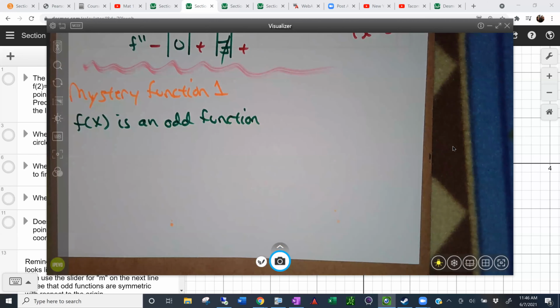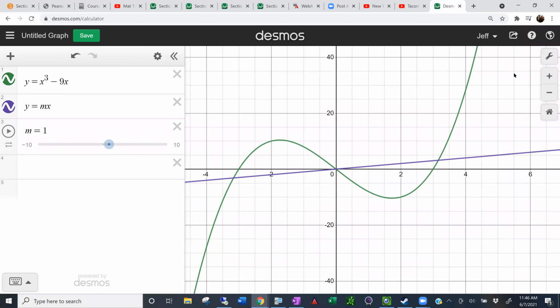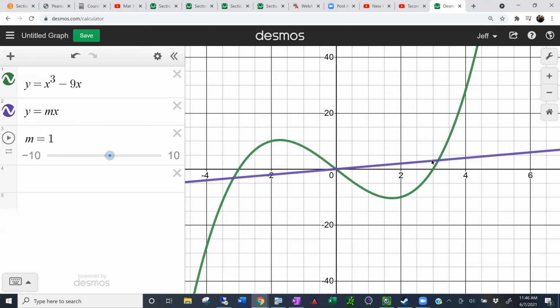Let me remind you what an odd function means. An odd function means that you've got what's called origin symmetry. So it's not really easy to see. I mean, an even function is wonderful because it's just symmetric with respect to the y-axis. An odd function means that when you draw a line through the origin, it's going to intersect the graph at points that are on opposite sides of the origin.